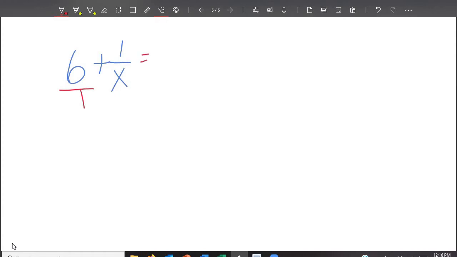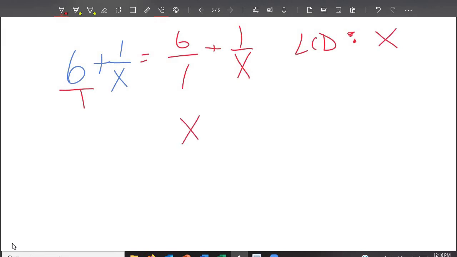I'll just rewrite this: 6 over 1 plus 1 over x. Now, let's find the common denominator. It's a combination of both denominators. So it's a 1 times an x, so it's just an x. So now, my denominators are going to have an x.